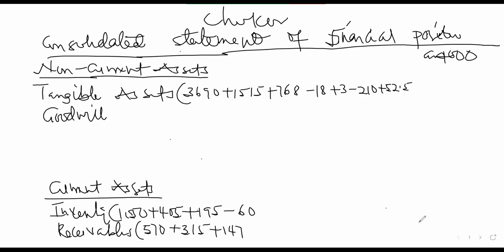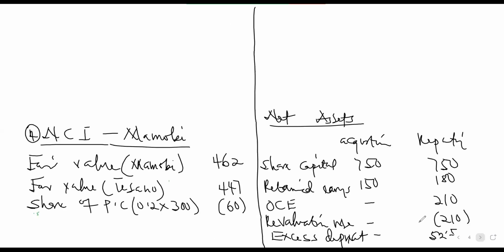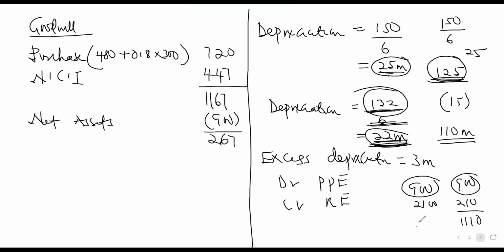Putting these two together, negative 210 plus 52.5, you will have the same answer. So instead of subtracting 210 and adding 52.5, you just ask yourself: if the revaluation was not done, what should have been the carrying value of the asset, and what is the carrying value included in PPE for this year? You find the difference and adjust it. That is all.